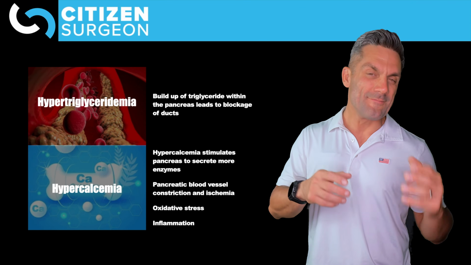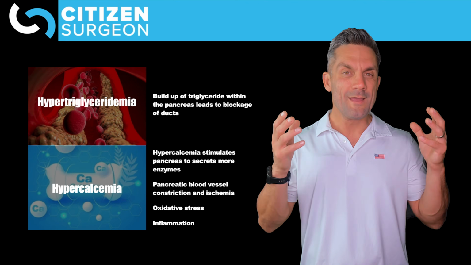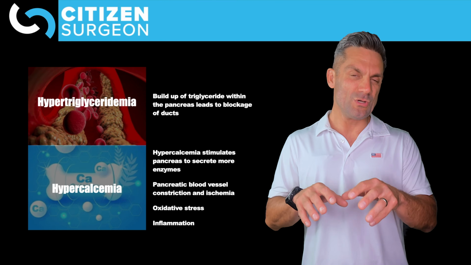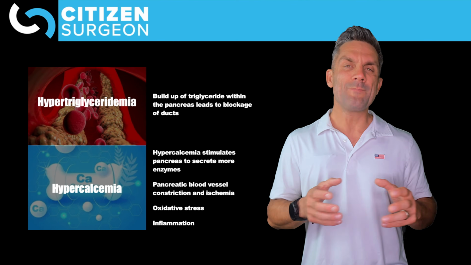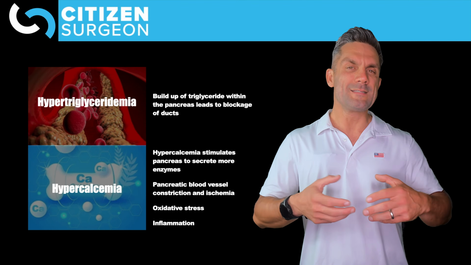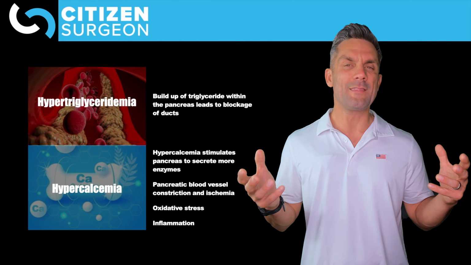We can see some fat lining this blood vessel, and of course, a nice healthy bone full of calcium. So how do they lead to pancreatic injury? Well, hypertriglyceridemia is pretty straightforward because too many triglycerides are going to lead to thickening and blocking of those pancreatic ducts.